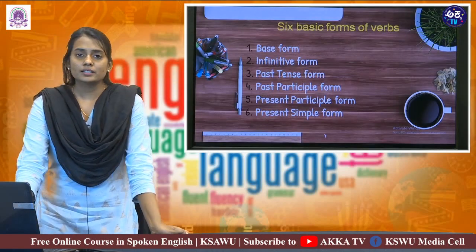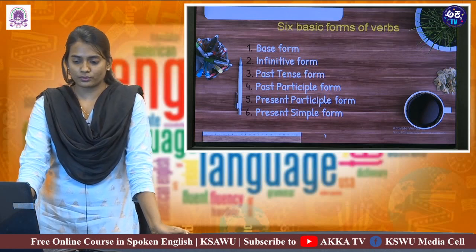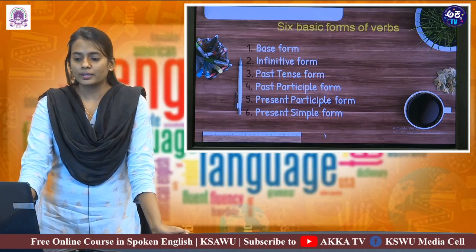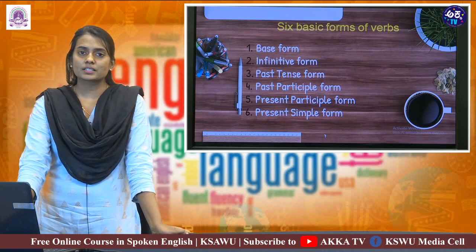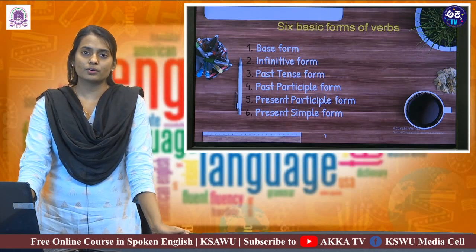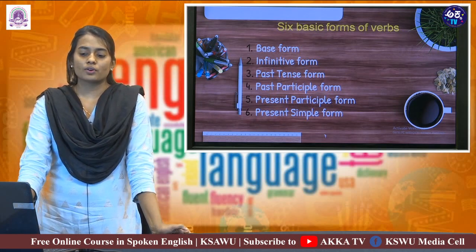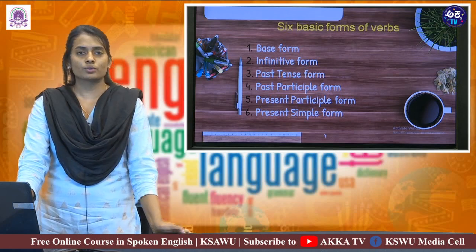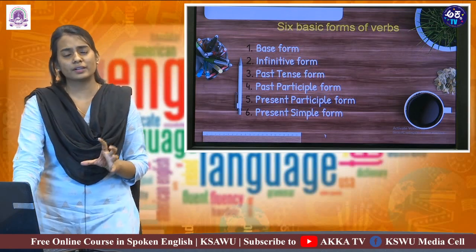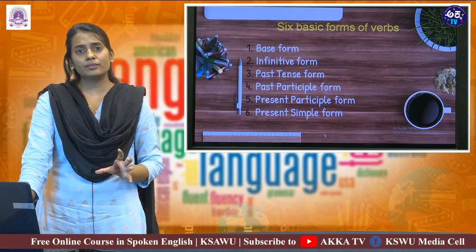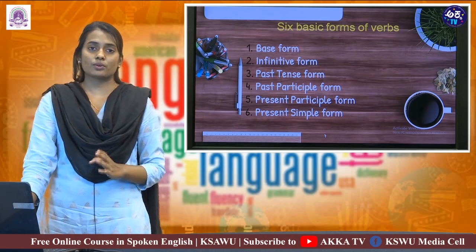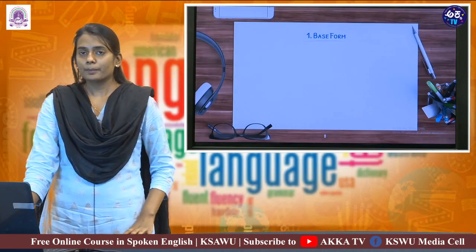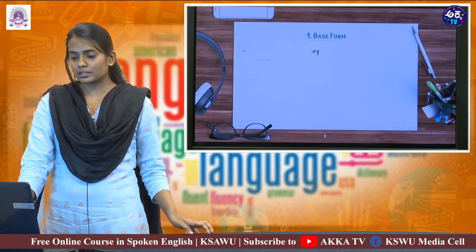The 6 basic forms of verbs are: base form, infinitive form, past tense form, past participle form, present participle form, and present simple form. We will see very briefly what these basic forms are. Okay, so the first basic form is base form.